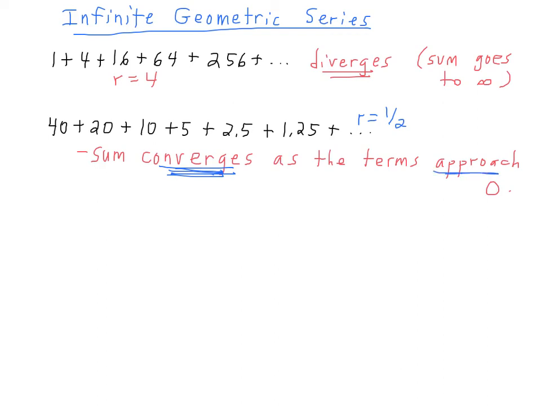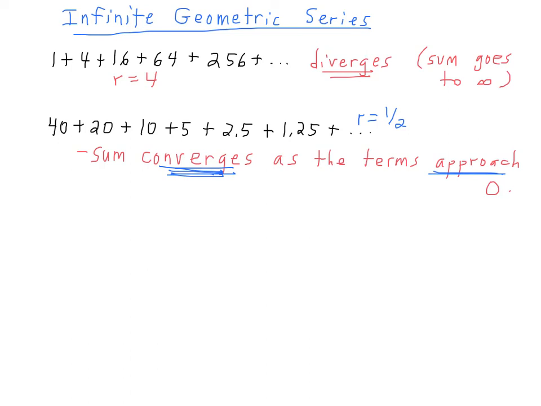Our terms are getting very, very close to 0. They'll never actually hit 0 exactly, but they're getting closer and closer to 0. So the sum is going to converge to a certain number. We're going to reach a point where if we continue to add on numbers, it's not going to really affect the sum because it's such a small value that we're adding on.